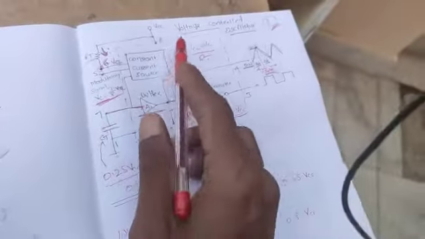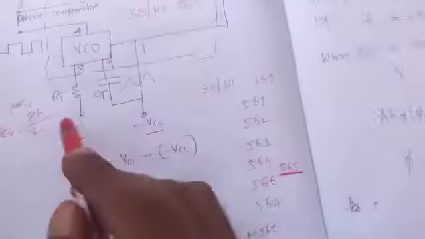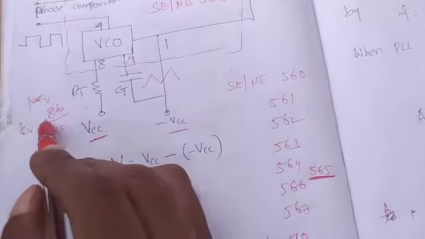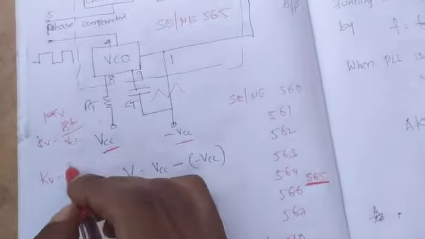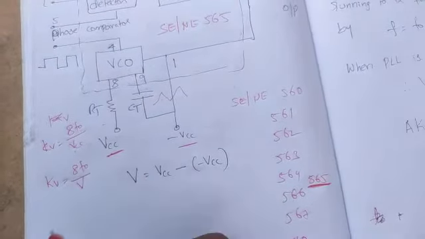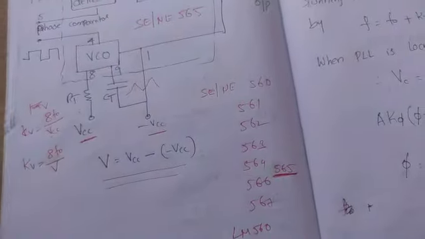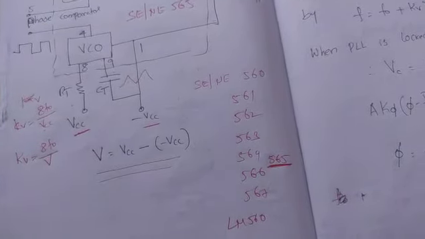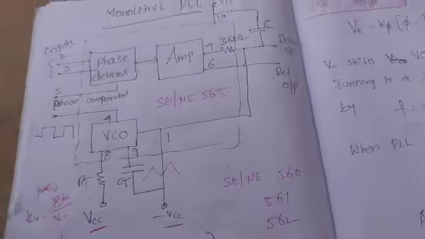In the previous circuit diagram we used only a single VCC, but here we are using two supplies. So in the place of VCC, KV equals 8F0 by V, where V is VCC minus of minus VCC. In the place of VCC, we are replacing with V, where V is equal to VCC minus of minus VCC. So this is the block diagram of it.